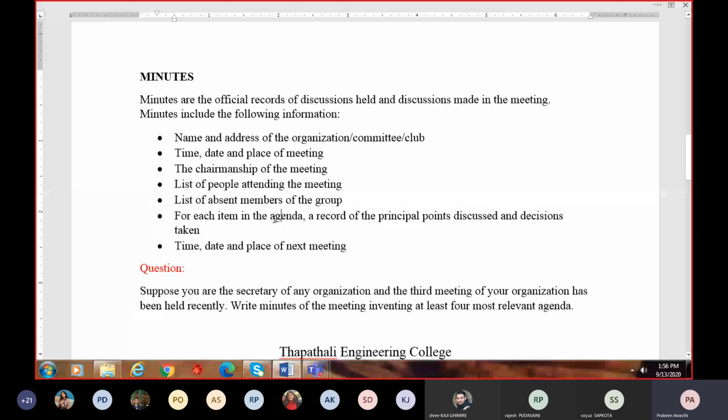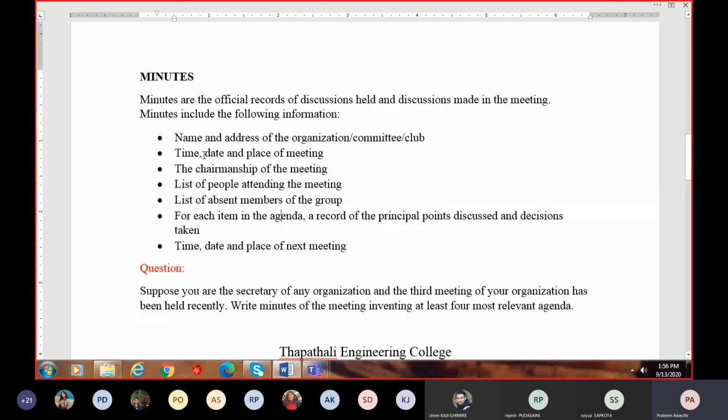After the list of absent members, if there are absent members, you will have a list, otherwise not. After that, at the end of your minutes, what you write is the discussions made on different agenda. Then at the end, the time, date, and place of the next meeting. Yes, these things should be there when you write minutes.